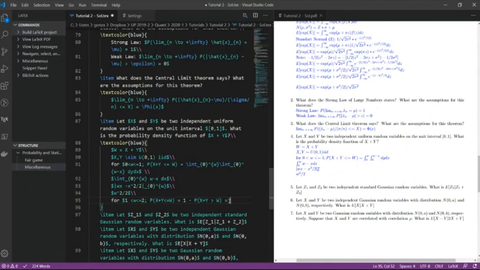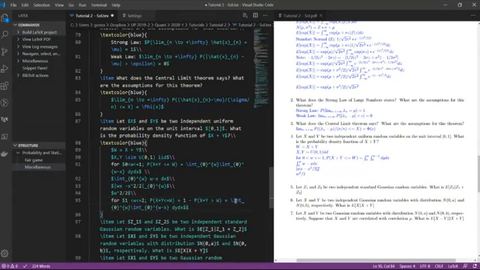So I'm just going to copy this out. So instead of being from 0 to w, in this case, we have that it's from w minus 1, because we want to be inside the uniform distribution.